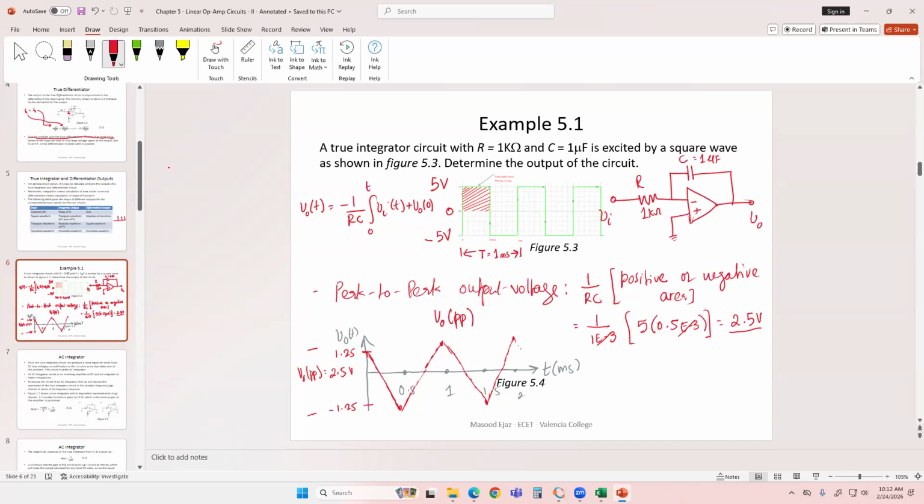This is one cycle. So from top peak to the bottom peak, and from bottom peak to the top. And even if you apply the formula, 0 to T by 2, and then T by 2 to time period, you're going to get the same result, exactly the same result.